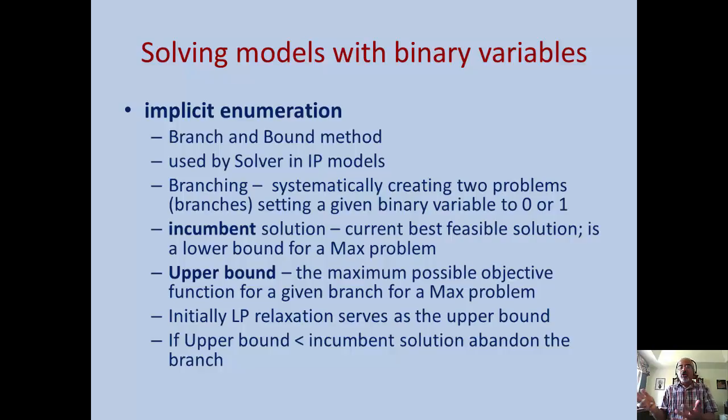Now you know that the best possible solution cannot be any lower than this 500, because if you find a solution that's lower than 500, you'll throw that out and use this one. So this forms a floor for your objective function value. That is your lower bound, and that is also called the incumbent solution.